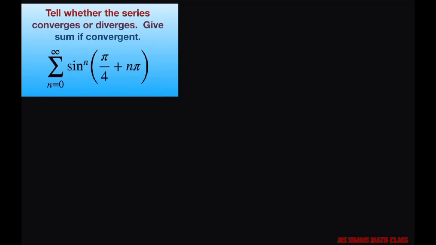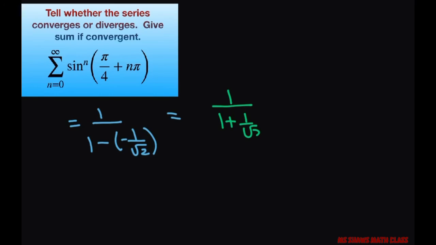So we're going to get this equals 1 divided by 1 minus negative 1 divided by square root of 2. This equals 1 divided by 1 plus 1 divided by square root of 2. To get your common denominator, if I put a square root of 2 here, I have to multiply it by square root of 2 here.